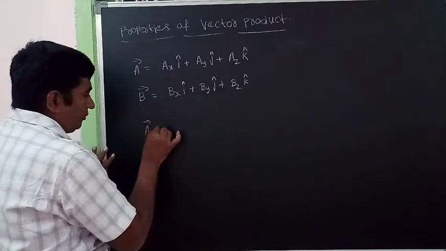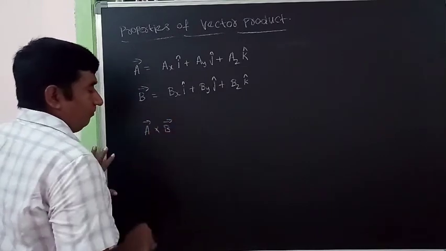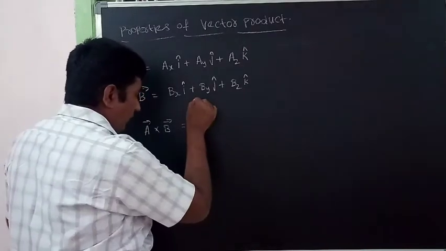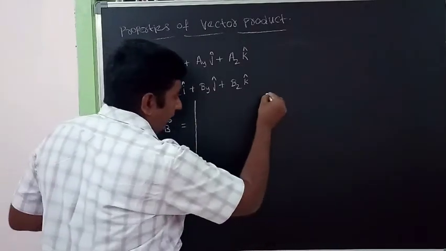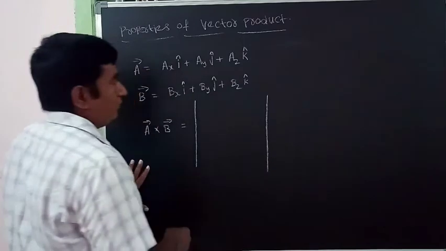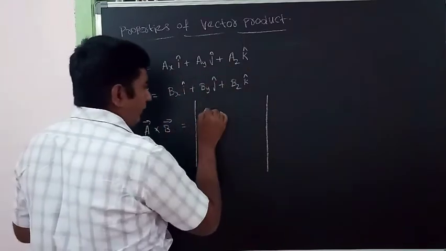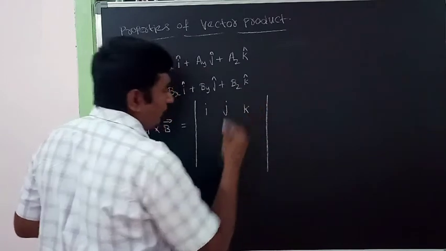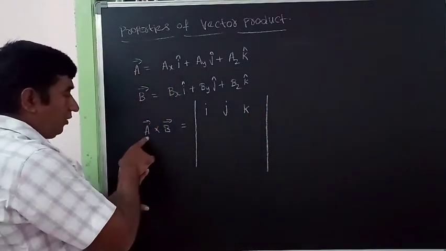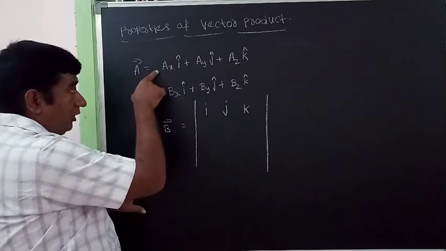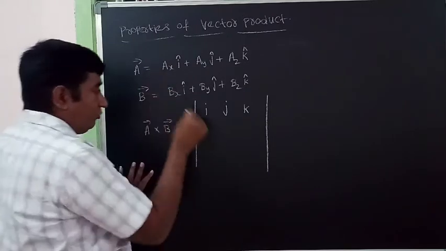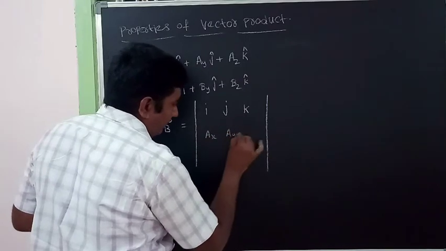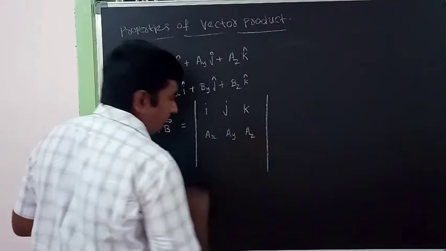So a vector cross b vector is equal to, in mathematics, what we call a determinant. So i, j, k, then first the a vector components along the x axis, y axis, z axis.